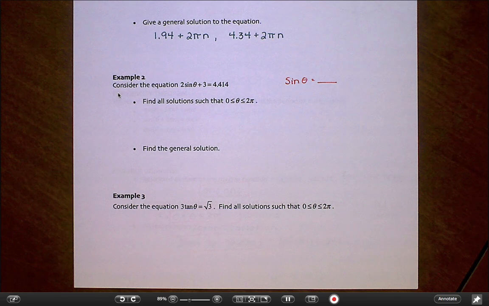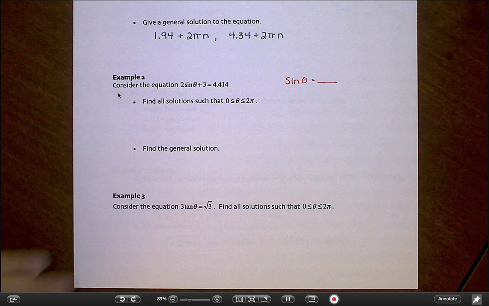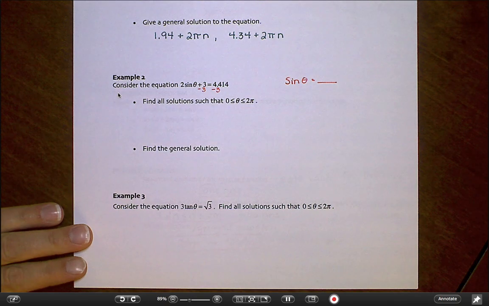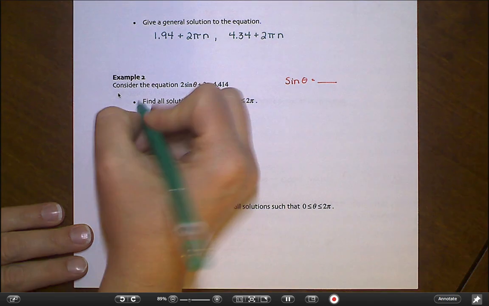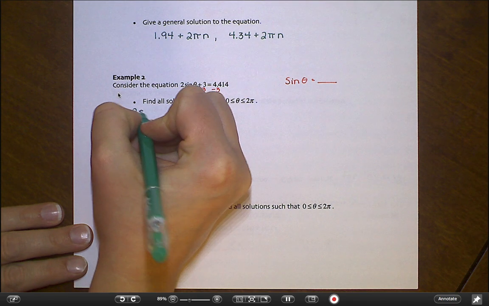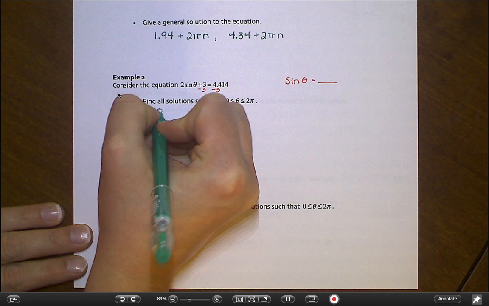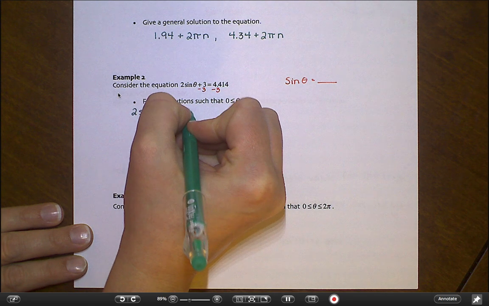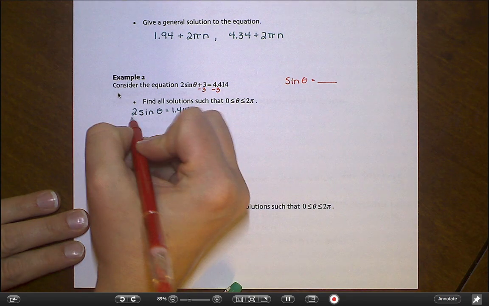So I'm going to start by just doing some regular equation solving. I'm going to subtract 3 on each side, and that leaves me with 2 sine theta equals 1.414. And then I'm going to divide by 2.